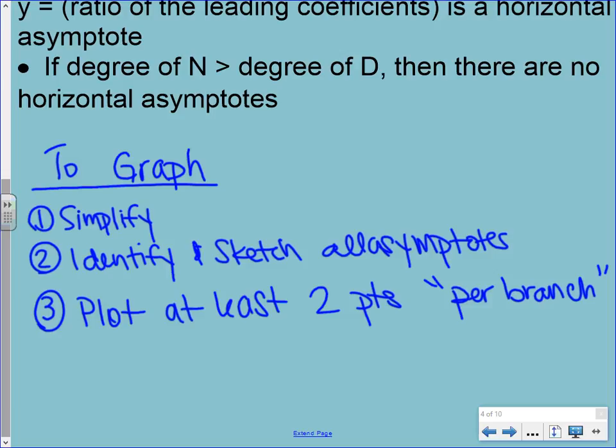So you may want to make an XY table off to the side to get all of your little pieces. Make sure when you draw these pieces, you draw smooth pieces. All of these are smooth curves. They're not jagged. They're not pointy. They're not linear. Okay, they're all smooth.